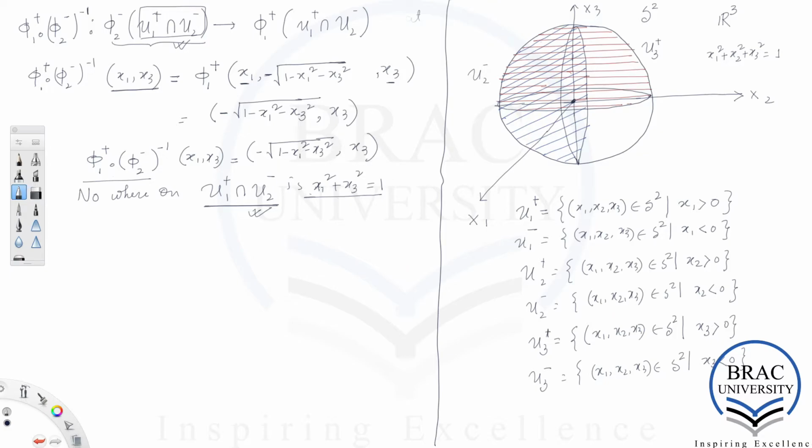But since the circle is not present in this open set, this expression is going to be C infinity, infinitely many times differentiable. So this way we immediately see that this transition map is going to be a C infinity map from this open set to this open set.